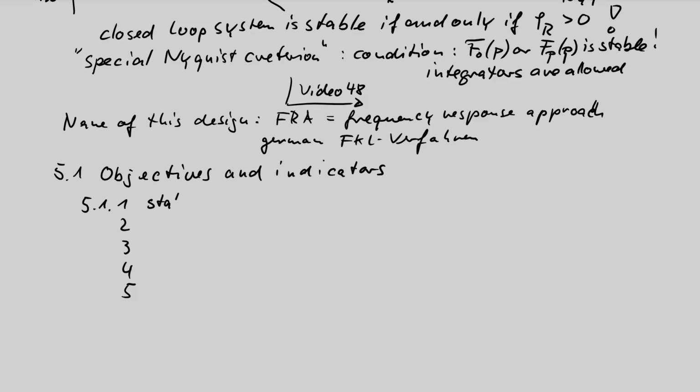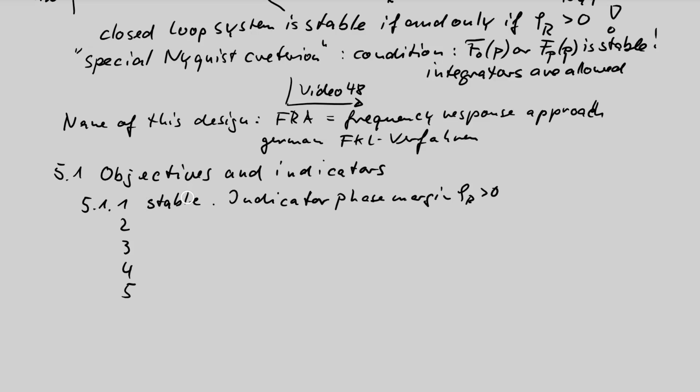The most important objective of a closed loop system is that it is stable, otherwise you cannot use it. The indicator, as we have learned, is the phase margin. The phase margin must be positive.